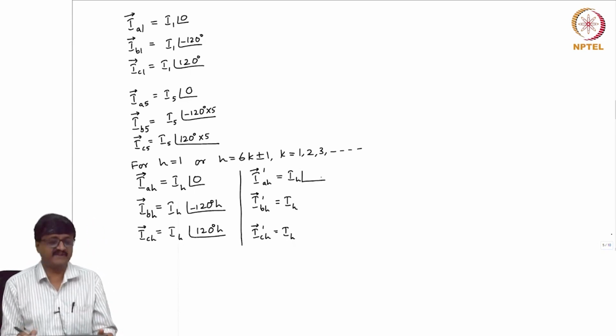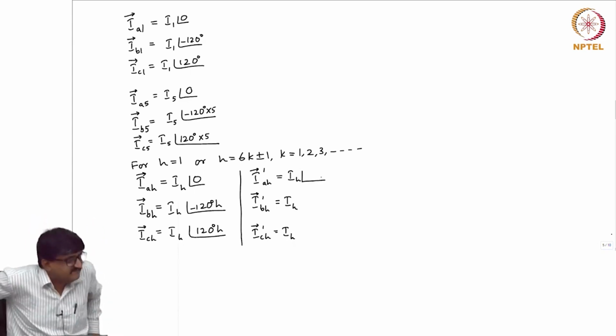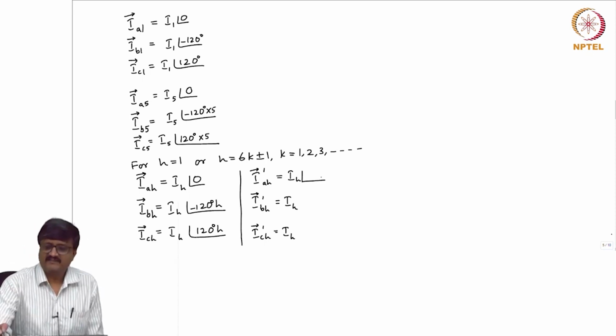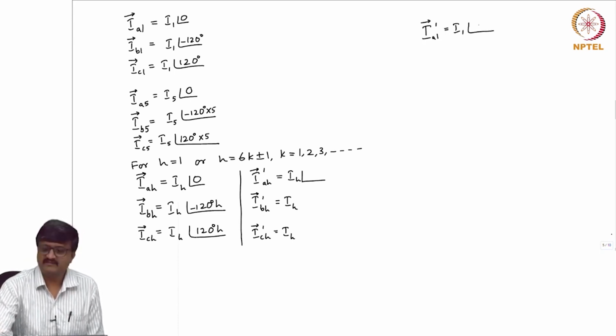If I take IAH prime, what is the angle? Minus 30. See, IA1 prime is nothing but I1 at an angle minus 30 degrees. But if you take IA5 prime, it is I5, what is the angle?